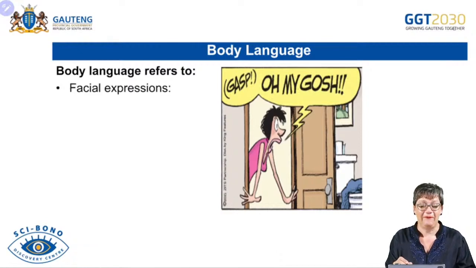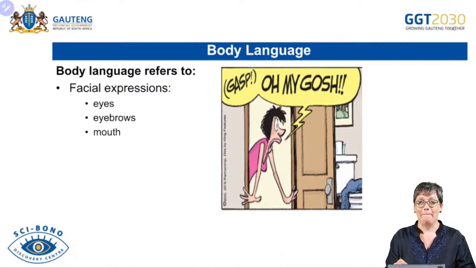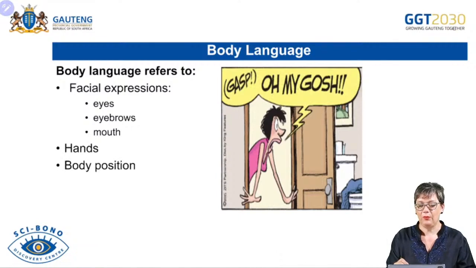Well, you have to look at facial expressions. You have to look at eyes, the eyebrows. You have to look at the mouth and the hands. So all of these things together with the body position refers to body language. So make sure you know these things.